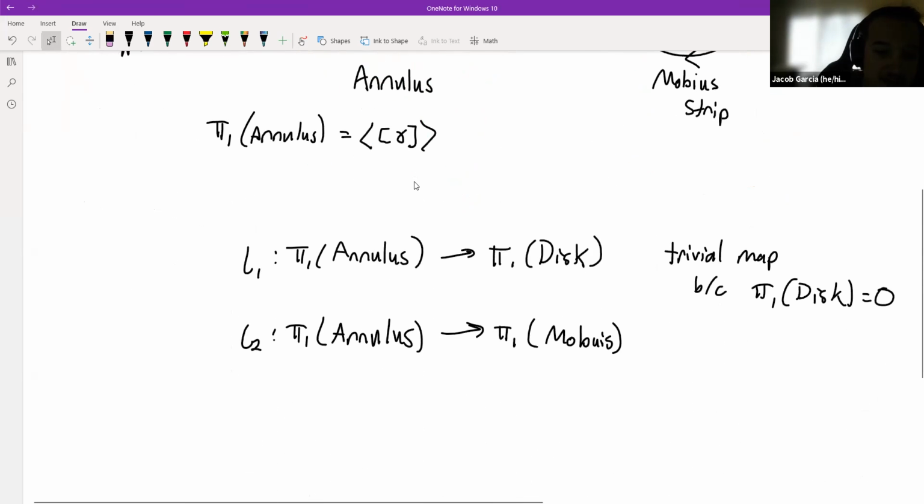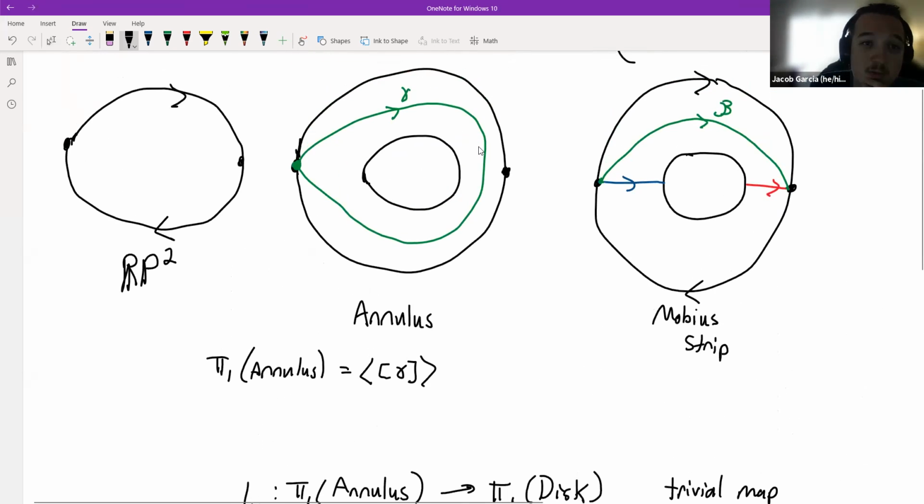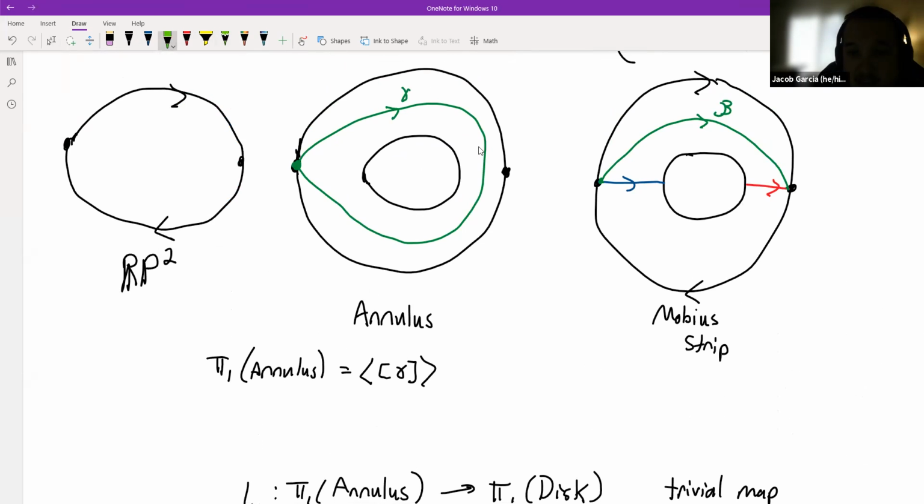So I just have to ask what happens to the generator for the annulus. Well, what I do is I just take this curve for the annulus and include it into the Mobius band.